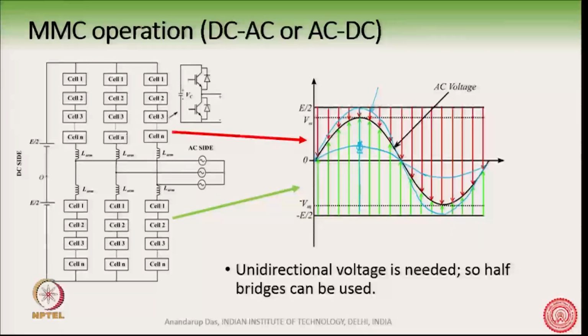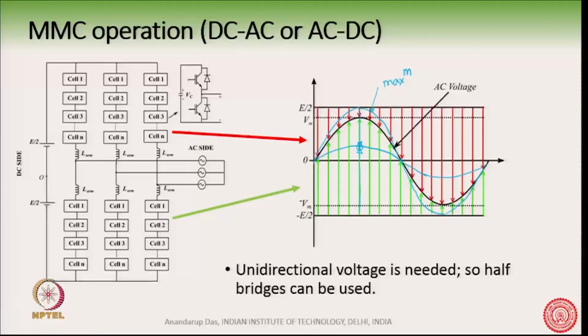So, this is the maximum voltage which can be produced, and at that point of time you can see that a few arrows are almost 0 in magnitude, while some arrows here are getting to the peak, or the length of the arrow is coming up to E. So, the length of the arrow is E when the maximum voltage is produced and V m is touching this E by 2.